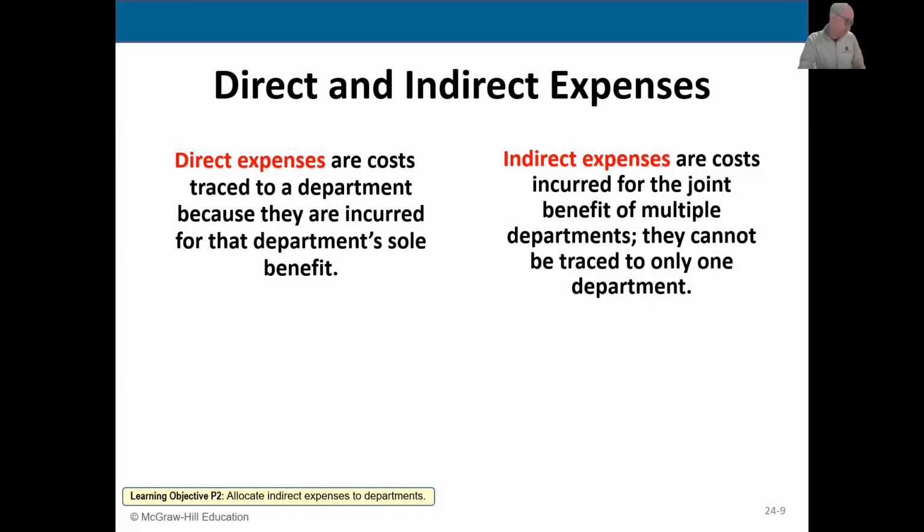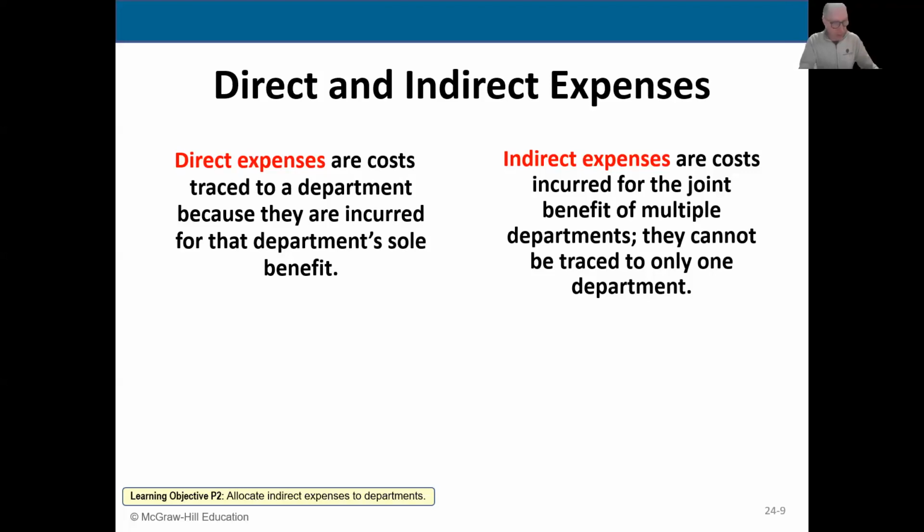For example, hourly wages for the jewelry department at Macy's is a direct expense for the jewelry department. The reason why the wages expense exists is for the benefit of the department to generate sales from that department.